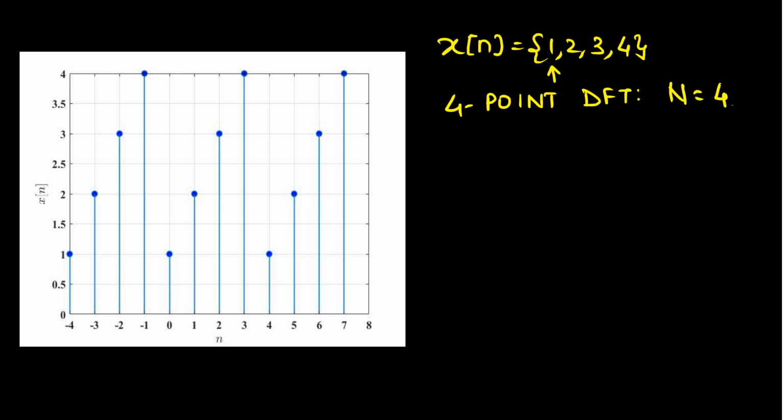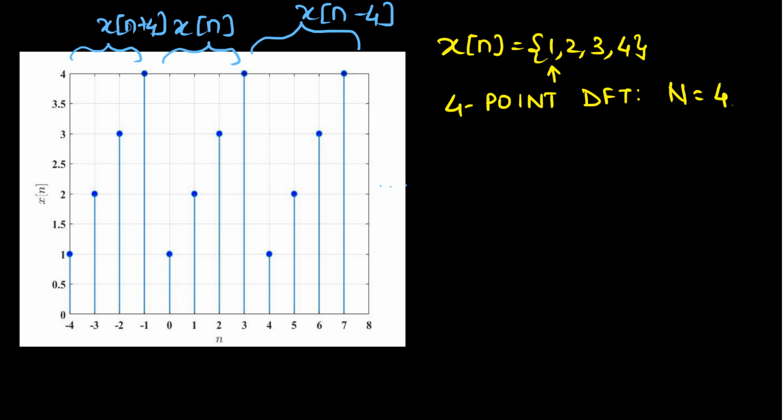We know that in that case this x of n will have a periodicity with period N, which means this x of n would be repeated after every 4th sample. So this is x of n, this is x of n minus 4, and the terms here are x of n plus 4, and this would be repeating from minus infinity to infinity. So this is the case that we are having here.